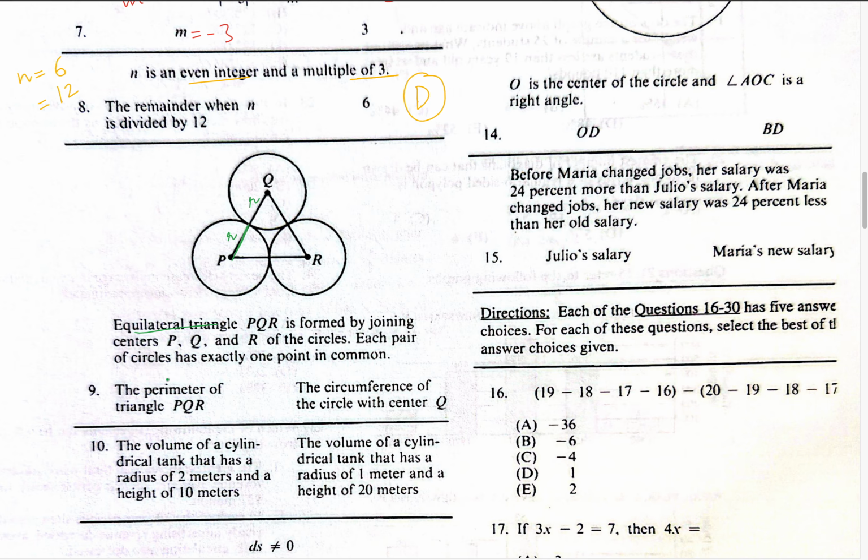If I have to find the perimeter of this entire triangle, I would say 6r, right? And if I have to find the circumference of the circle with center Q, that is the outer boundary, the formula for that is 2 pi r. So basically we are comparing 2 pi with 6, right?